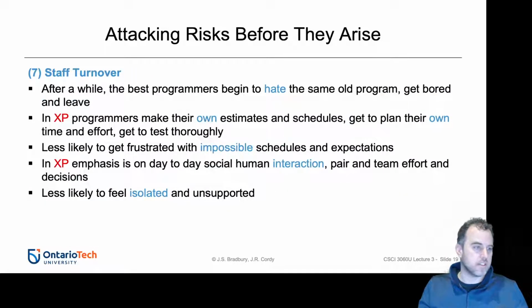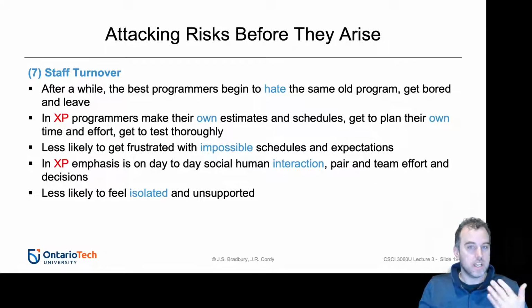Staff turnover is another thing that often can happen, which can wreak havoc on a development team and release dates and so on. And one of the things here is they try to do a couple things in XP built around happiness and satisfaction, and also built around mitigating frustration.